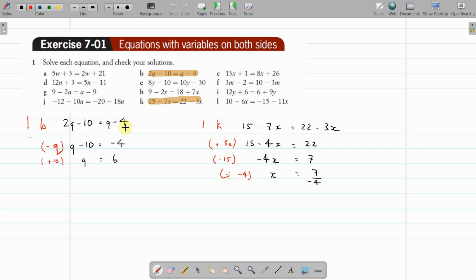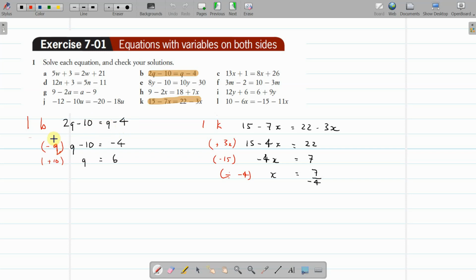Once you've written the question, you have a look on this side over here, we've got a letter and a number, q minus 4. So I'm going to tidy this up by removing the q. Now that's actually plus q, so I can remove it by doing a minus q step.